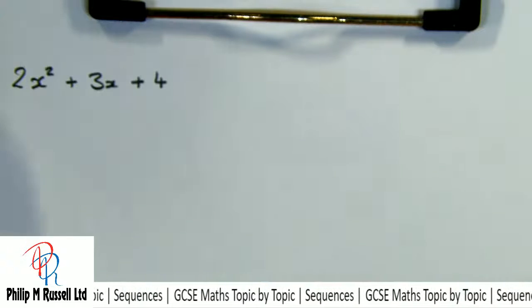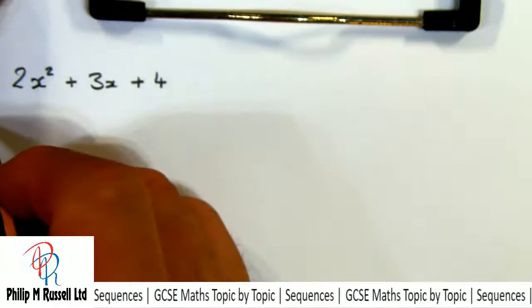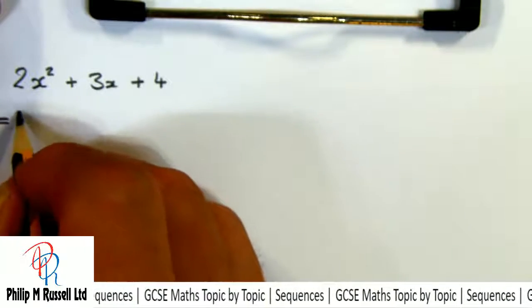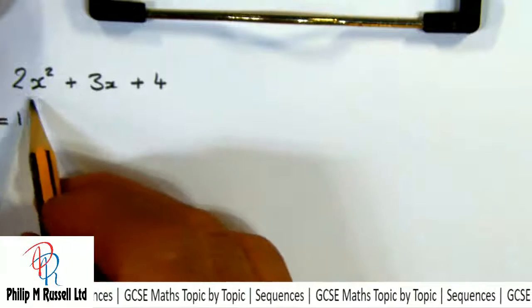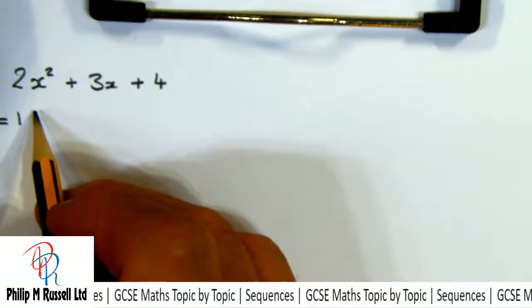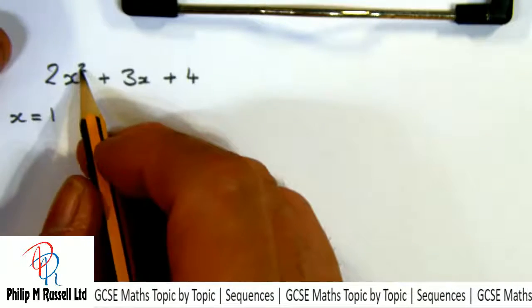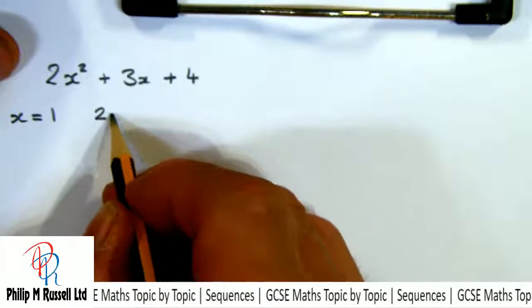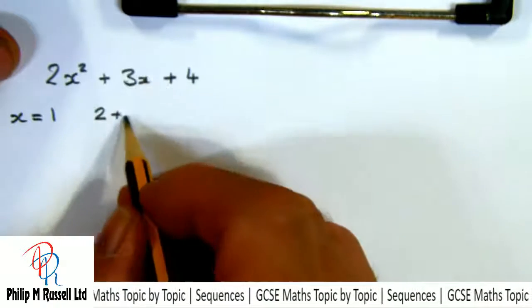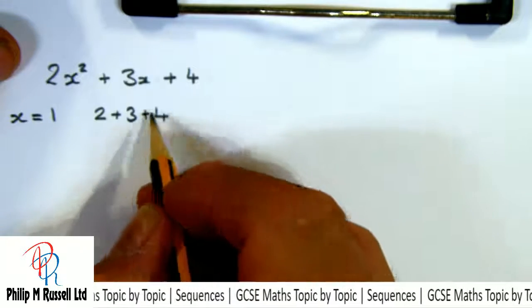Now let's see if we can work out what some of these numbers are going to be. So I'm going to set x first of all equal to 1. 1 squared is 1, 1 times 2 is 2, plus 1 times 3 is 3, plus 4.